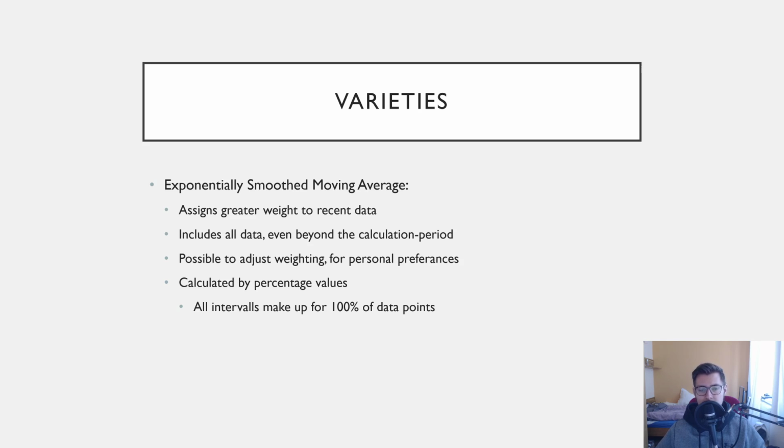So for example, compared to the linearly weighted moving average, it would also include the past beyond a 50-day time horizon, so also for example the past 100 days, but it would then just weight each past data point less and less, so that they make up a very small amount of the current data point.